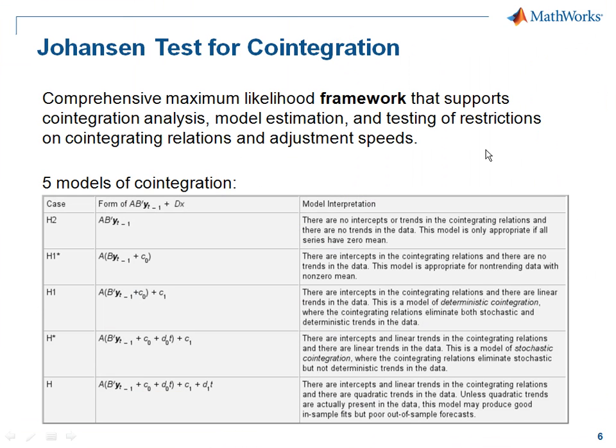Let's compare the Engle-Granger test with a more modern, more complete test. Actually, calling this a test is somewhat misleading because this is really more of a framework. This is something that has been developed by Soren Johansen.